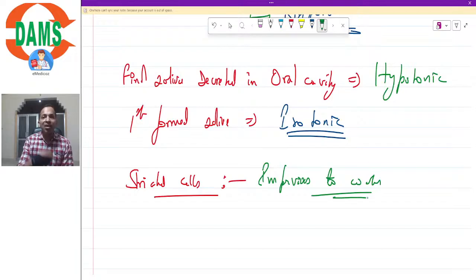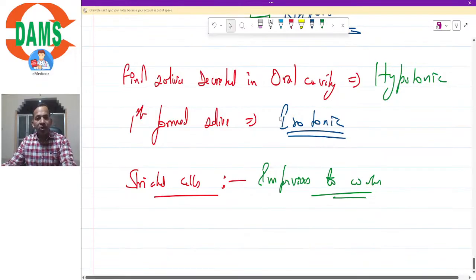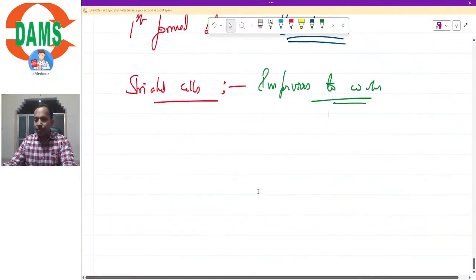The water is not reabsorbed, right? Only the ions are reabsorbed. Clear? Neither is water secreted, so neither is it secreted nor reabsorbed. The volume of the saliva stays as it is when it is first formed, right? So there is only an exchange of ions in this striated duct. There is no exchange of water.